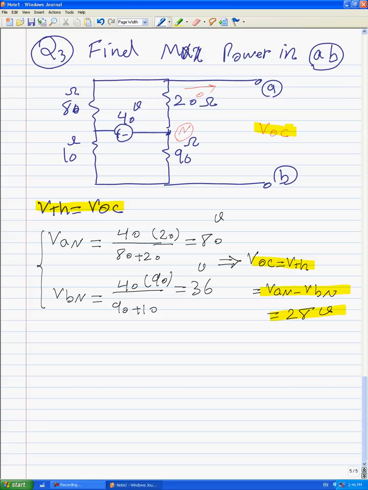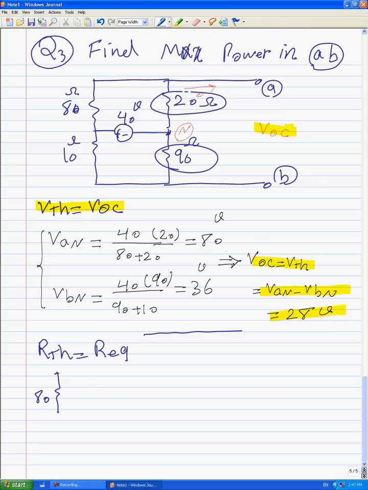First of all, we defined voltage here and here, and using Ohm's law, finally we found the equivalent voltage, or Thevenin voltage. For RTH, or equivalent resistance, we should change the voltage source to a short circuit like this.